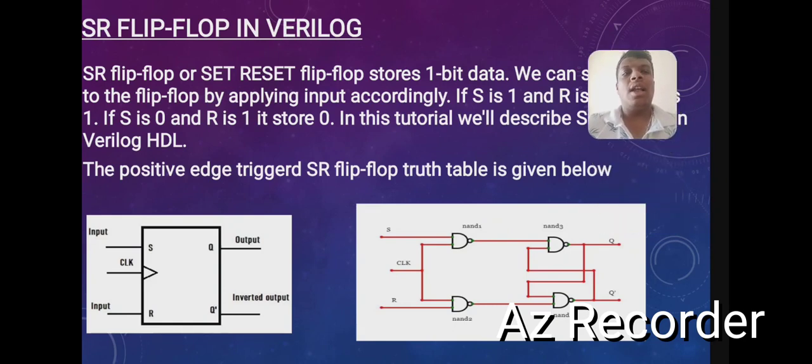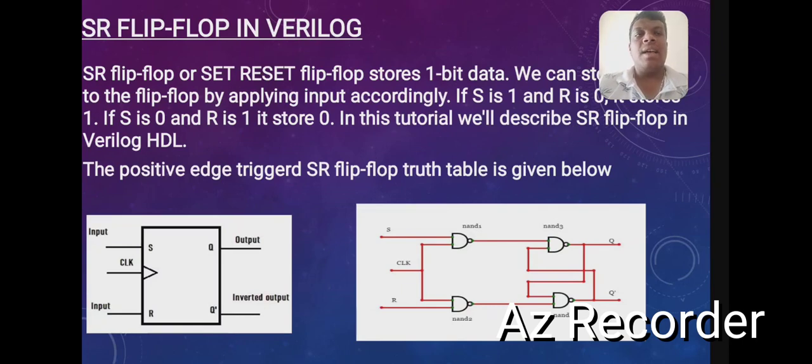In this tutorial, we will describe the SR flip-flop in Verilog HDL. You can see the logic diagram of it, where S and R are the inputs of the flip-flop and the outputs are Q and Q bar. You can see the logic diagram too.